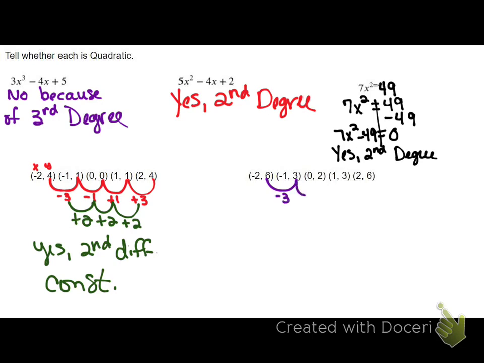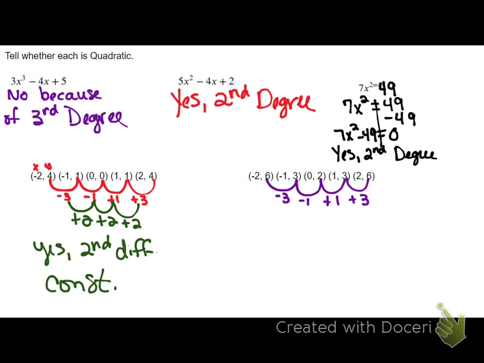Then 3 to 2, minus 1. 2 to 3, plus 1. And then 3 to 6, plus 3. So it's the same as last time. And the second difference is going to be plus 2, plus 2, plus 2.